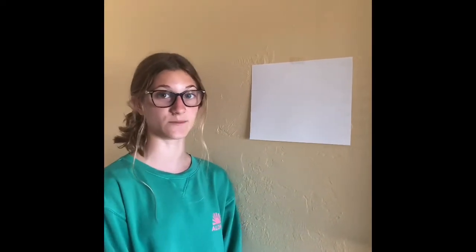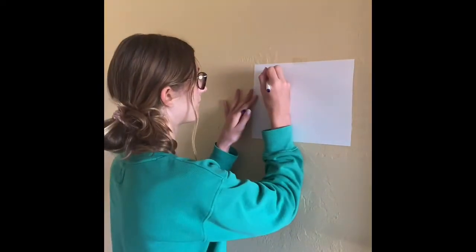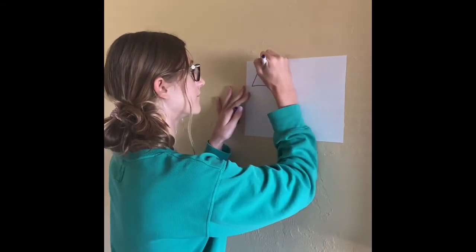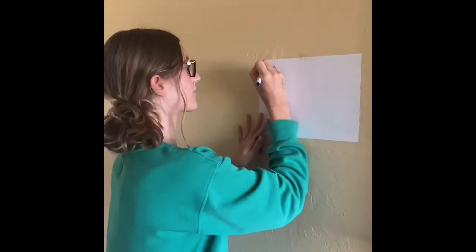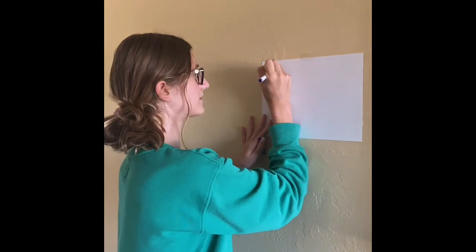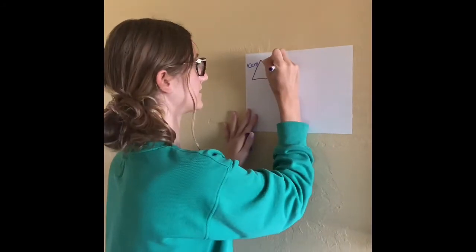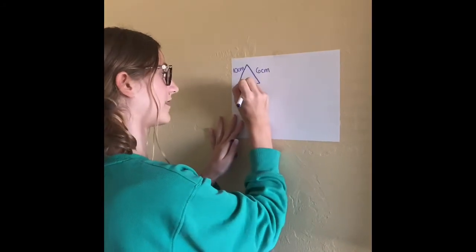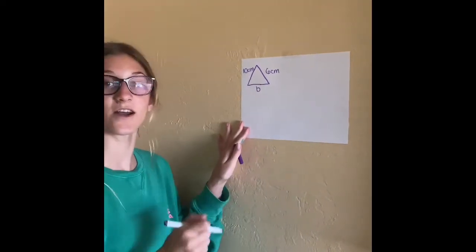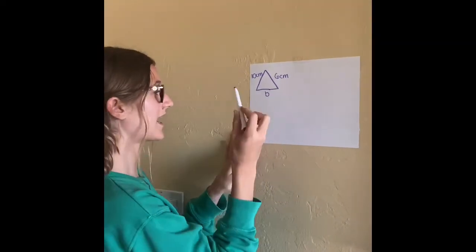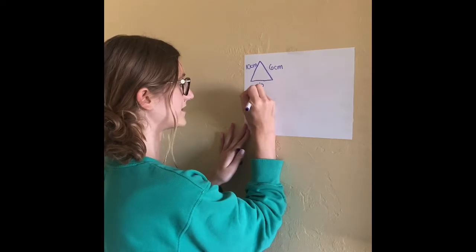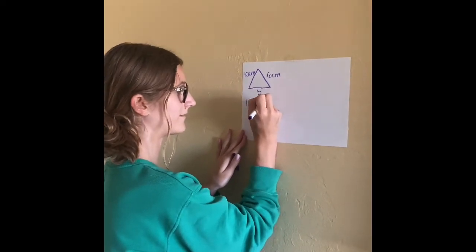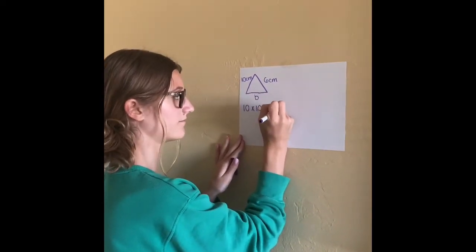Now I'm going to teach you guys how to solve a B equation, and for these equations, we are going to subtract the numbers. First, we are going to write 10 centimeters, then 6 centimeters, and then B. We're going to look for the biggest number once again, which is 10. So we're going to multiply 10 times 10, which gives us 100.